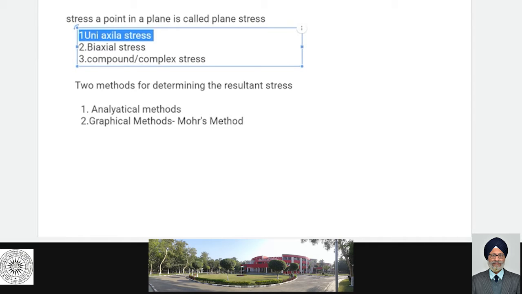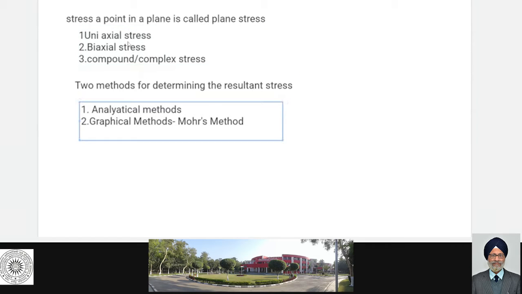You can correct the spelling. So first for the uniaxial stress, then the biaxial stress, and then the complex stress. Okay. So one by one we will discuss this.